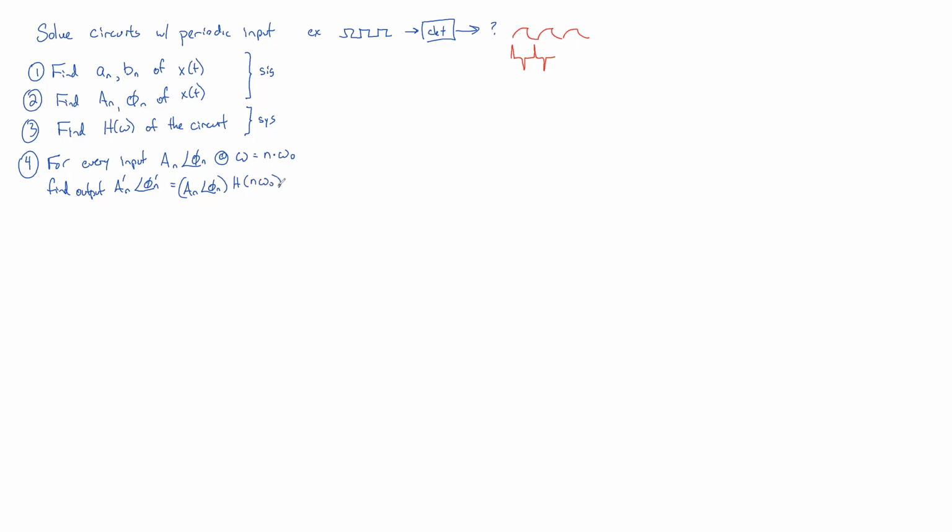In other words, we're just going to evaluate H at the corresponding frequency. And see if you can realize that all that we're saying is our output Y is equal to our input X times our H. It's no different than what we did in Laplace systems.